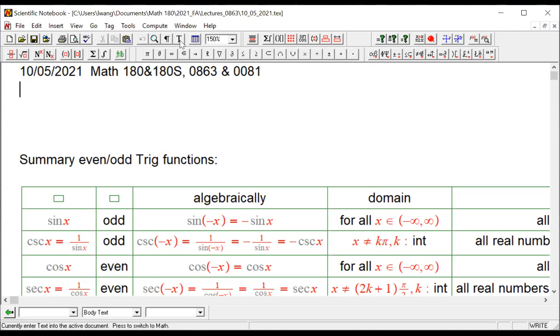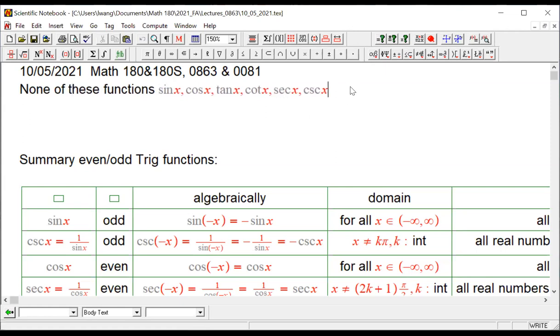So today we have a couple minutes left. First, let's just write down sine, cosine, tan, cotangent, secant, cosecant. These functions, I would say none of these functions is one-to-one.